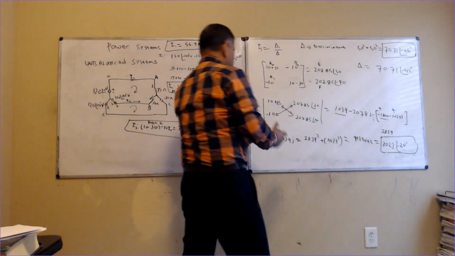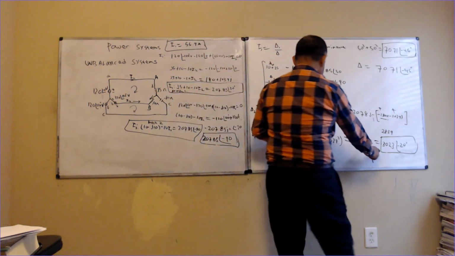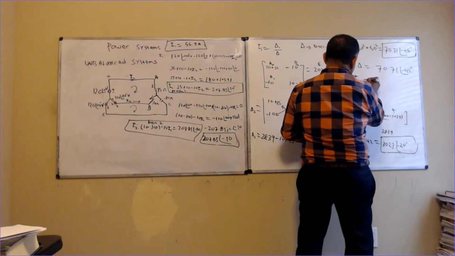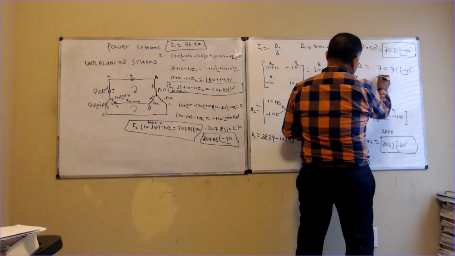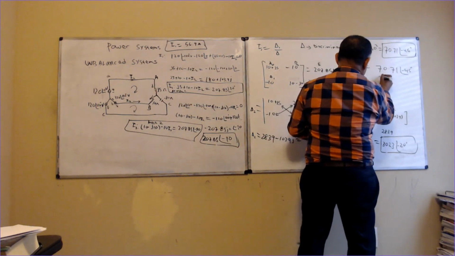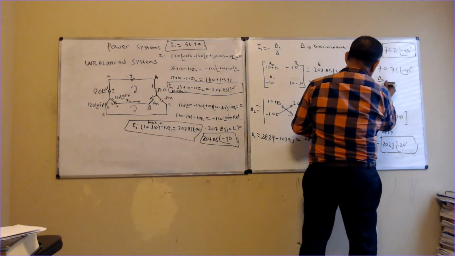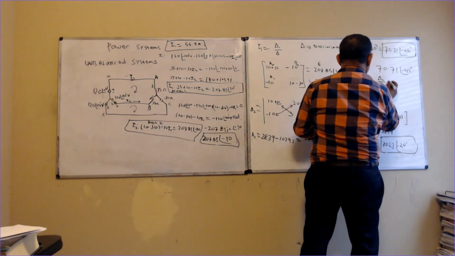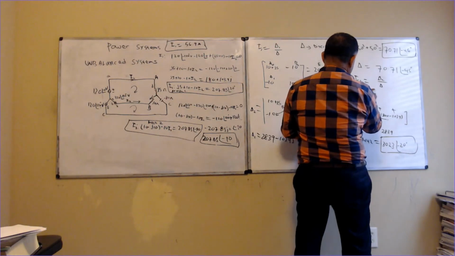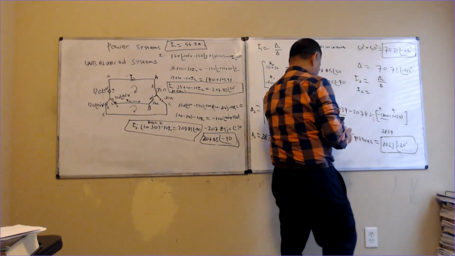So now we take this A2, so we find I2 by doing A2, or alpha, delta 2 over delta. So 2 is going to be equal to what?